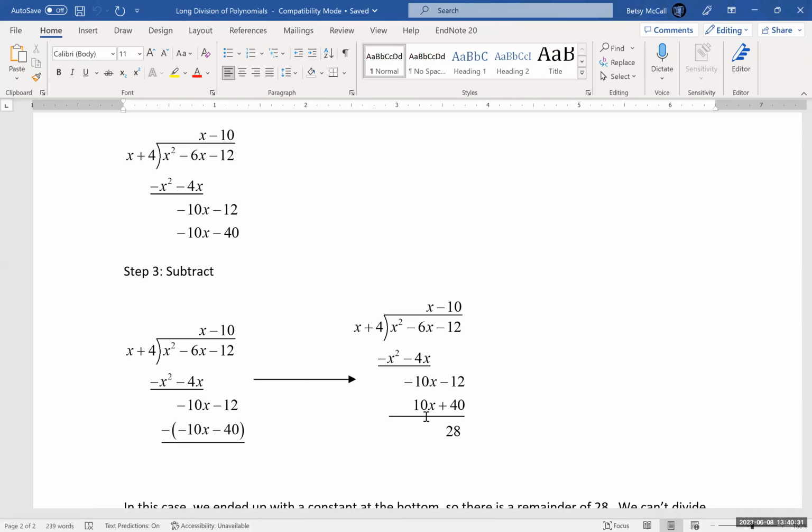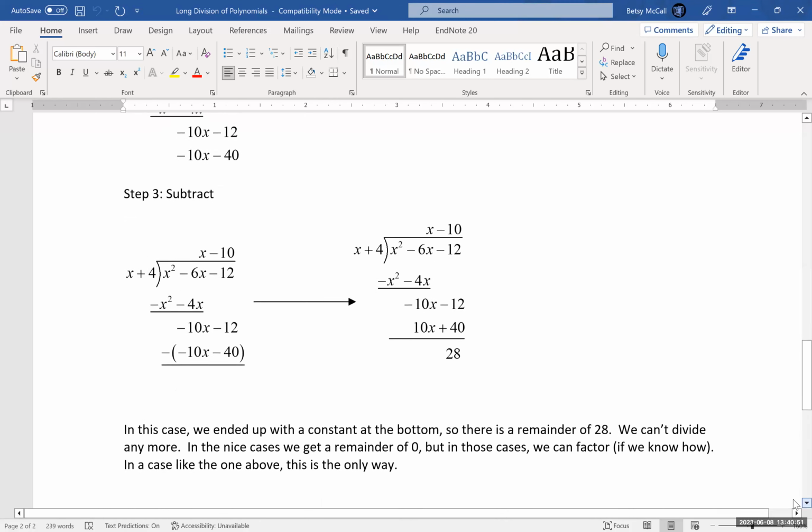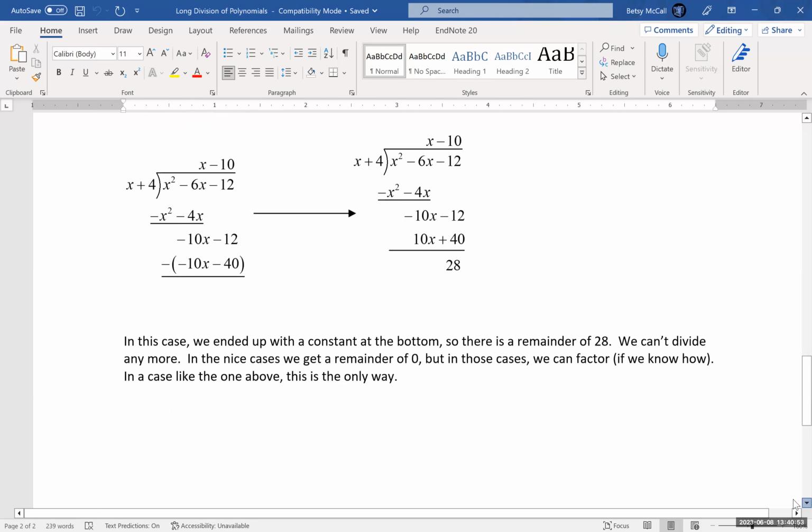If they don't cancel, you've done something wrong. These should cancel, and then negative 12 plus 40 gives me a remainder of 28. How do I know this is the remainder? Because I can't divide x into 28 anymore. There are no more x's. So then I'm done with the long division.